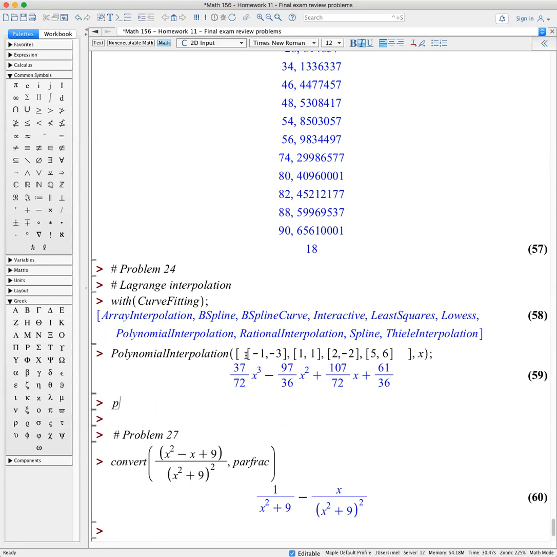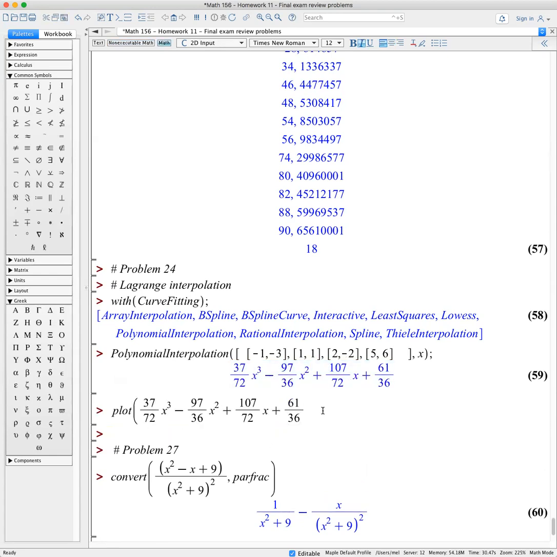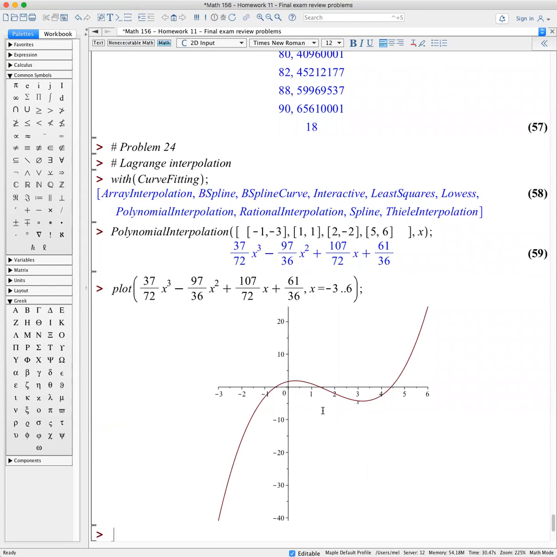Let me plot it. Let me plot this from -3 to 6. That's the graph. So let me cut it off a little bit.